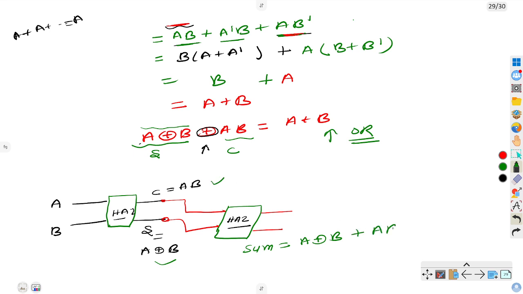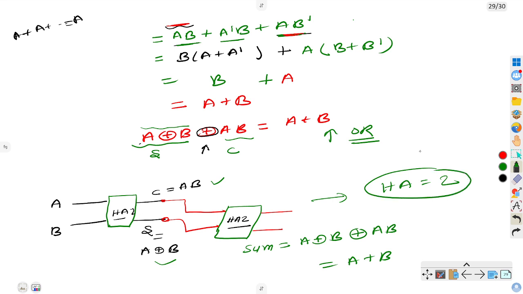XOR AB. If you break this, we'll get A plus B. So how many half adders are needed? Two half adders. If you want to design one OR gate using half adders, how many half adders are needed? Two half adders.